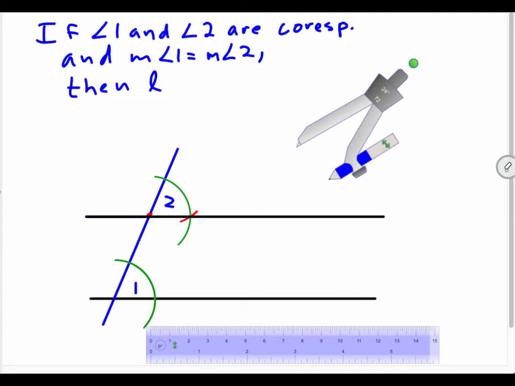Let's say L is parallel to M. And we'll call this L and M.